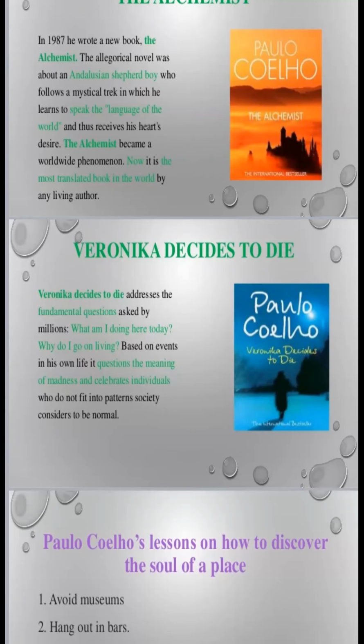That provoked Paulo, and he tried to write about it in Veronica Decides to Die. From the name of the book, you can see that it depicts a mental condition of a person.